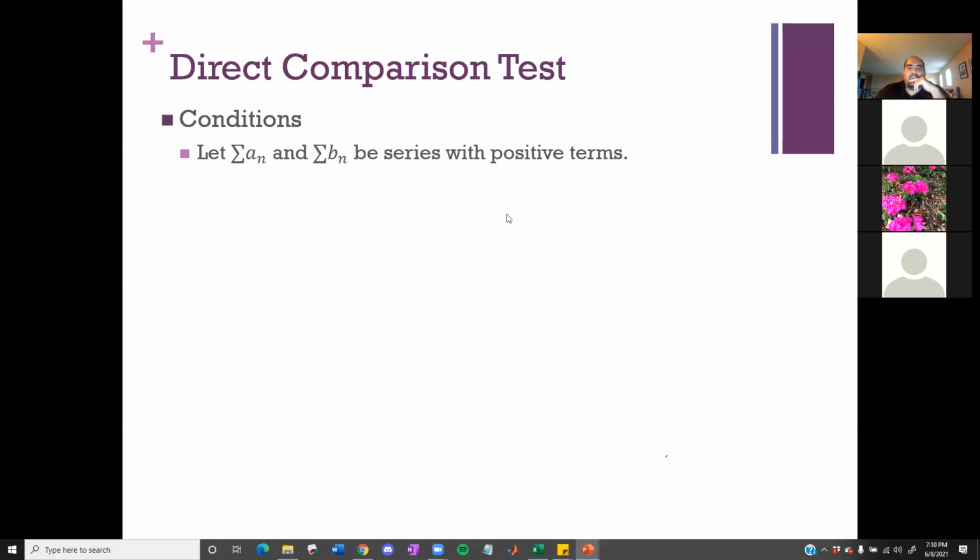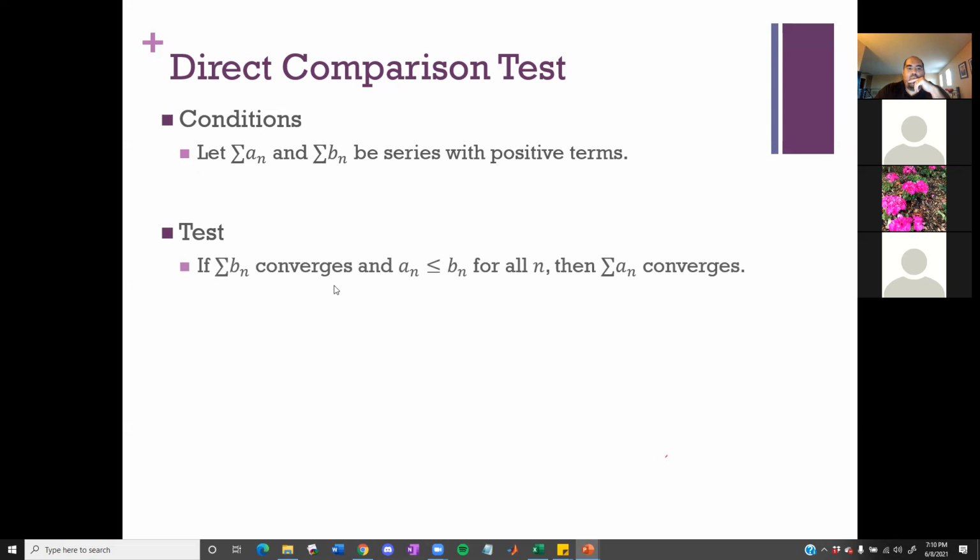So I have two series with positive terms. And here's the test, basically. If one series converges and all the corresponding terms in the other series are less, then the quote unquote smaller one converges.